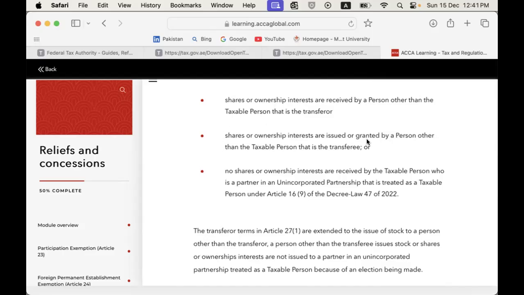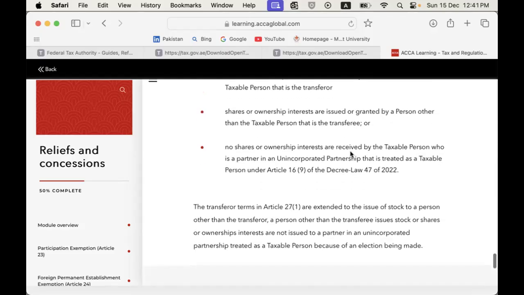Shares or ownership interests are issued or granted by a person other than the taxable person, which is the transferee, or no shares or ownership interests are received by the taxable person who is a partner in an unincorporated partnership that is treated as a taxable person under Article 16 of the decree law.